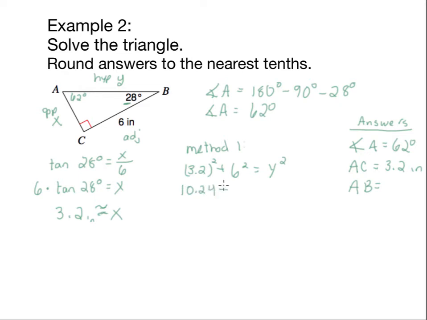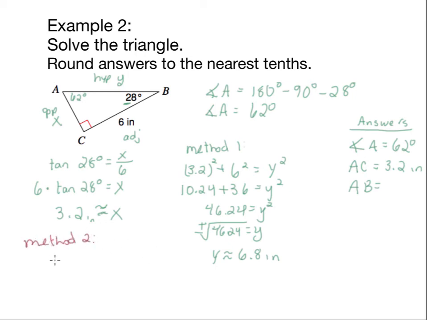Solving this for y and rounding my final answer to 1 decimal place, I end up with y is approximately 6.8 inches. Method 2, I can use my trigonometric ratio of the side given and the side I want to find.